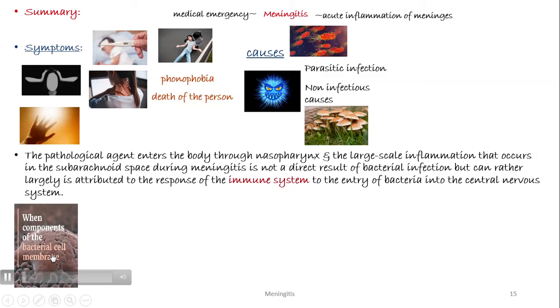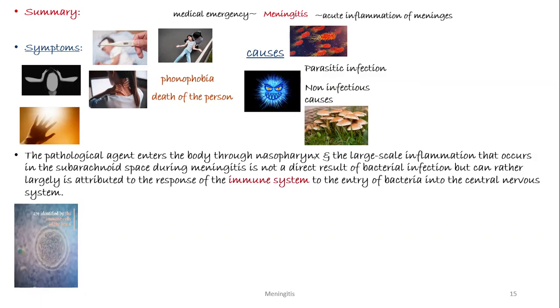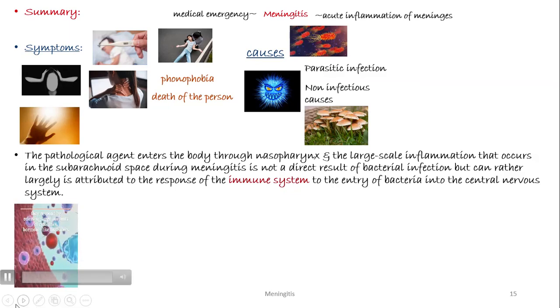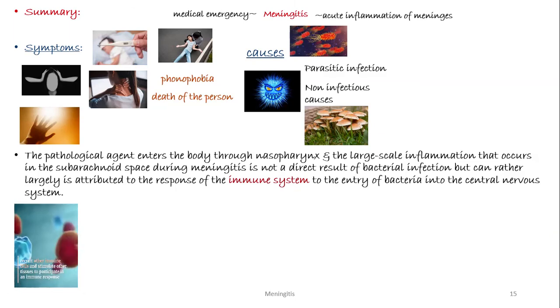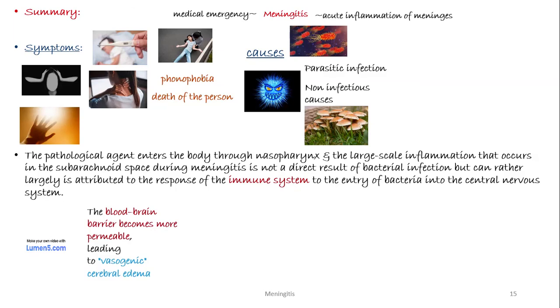So the components of the bacterial cell membrane, once they are detected by the immune cells of the brain, they respond by releasing large amounts of cytokine-like mediators, which are responsible for recruiting other immune cells and stimulate other tissues to participate in the immune response.